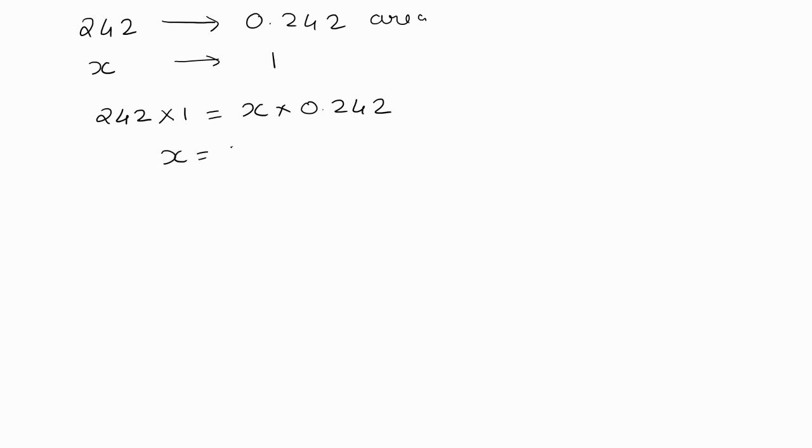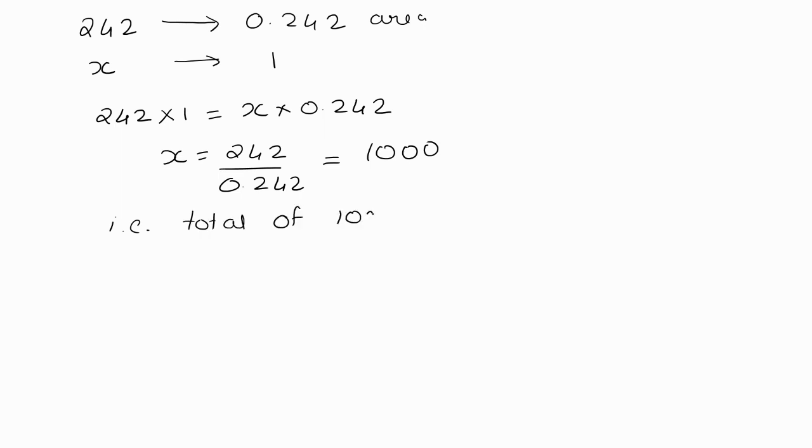That means x will be 242 upon 0.242, which comes out to be 1000. That is a total of 1000 people or officers. So this is the final solution.